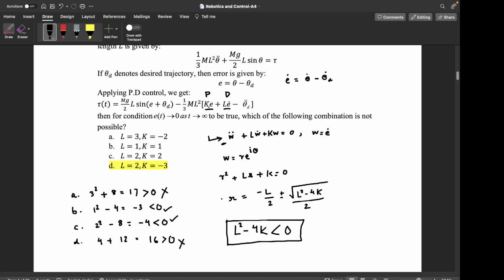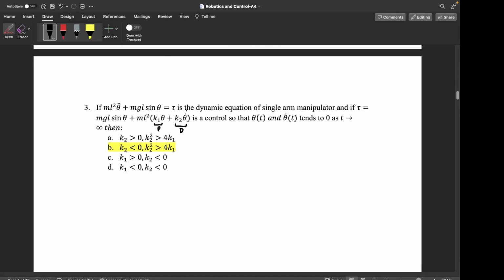So again, this is also similar. This is like ke plus le dot. You can think that the desired is 0. So this is theta minus 0 and this is theta dot minus 0. So the error you can define here is theta minus theta d, and you can think that theta d is 0, right?